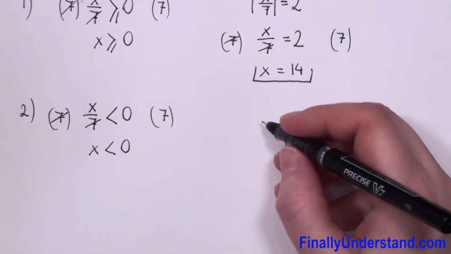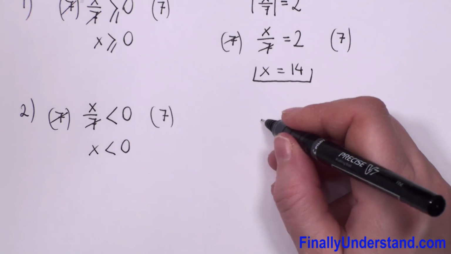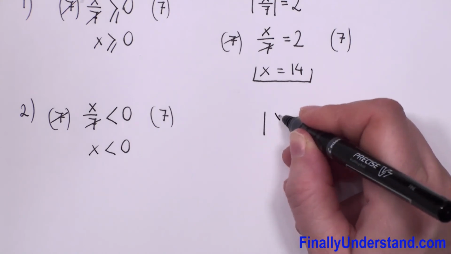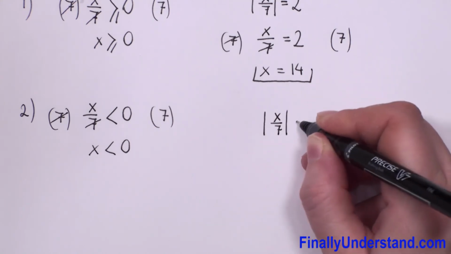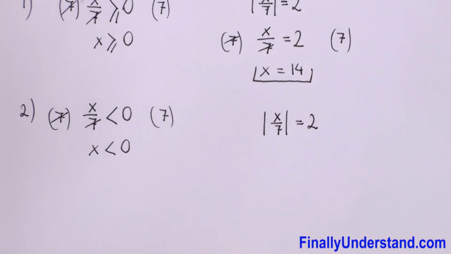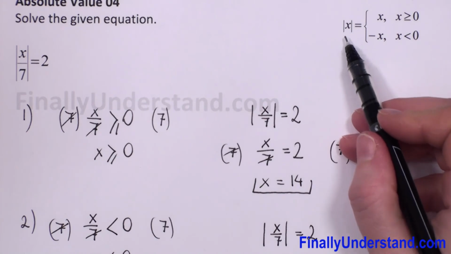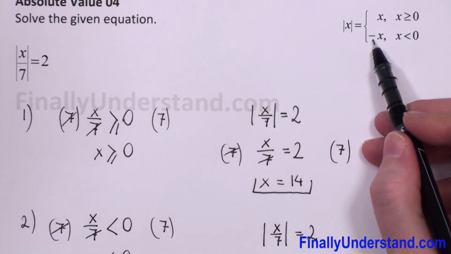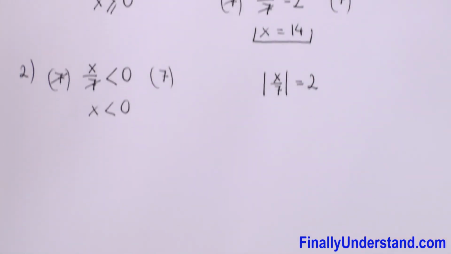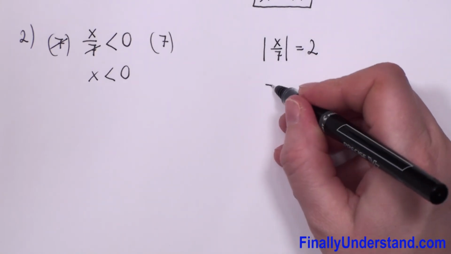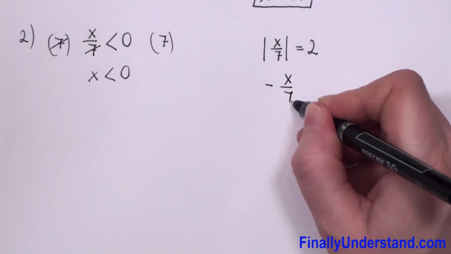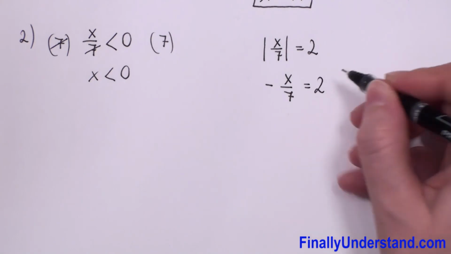So now we go to our equation. Let me copy first. We have x over 7 is equal to. Now, when we get rid of absolute value bars, we have to put negative sign before this expression. So we have negative x over 7 is equal to.